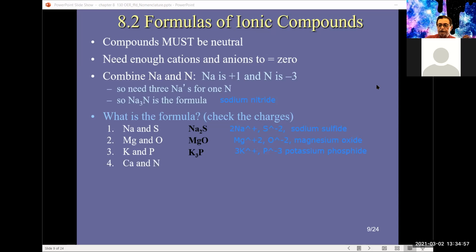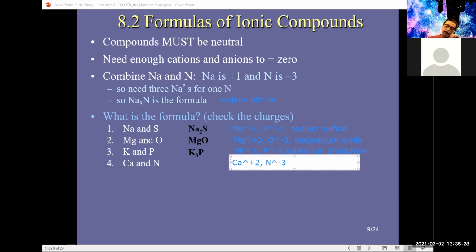All right, here's going to be somewhat of a challenging one, but give it some thought. First step, as usual, let's break down the ions. We have calcium. Calcium's in group 2, and so it will have a +2 charge. Nitrogen is in group 5, so it will have a -3 charge.